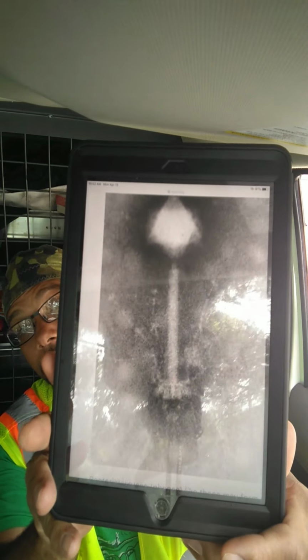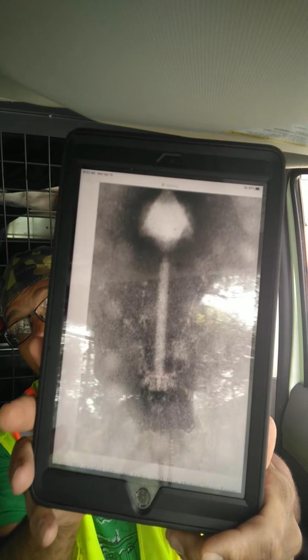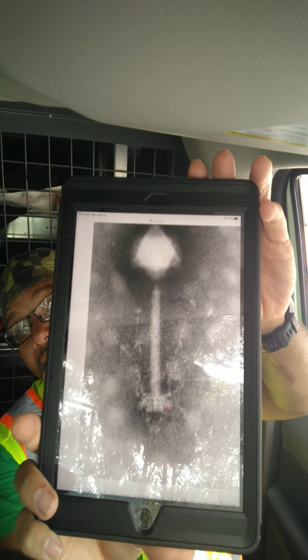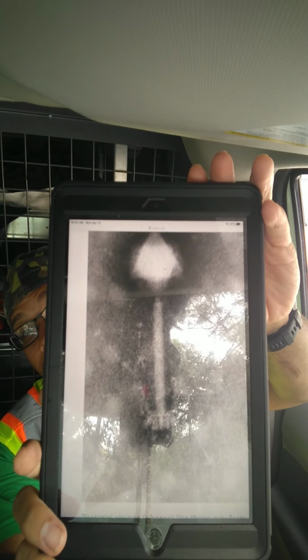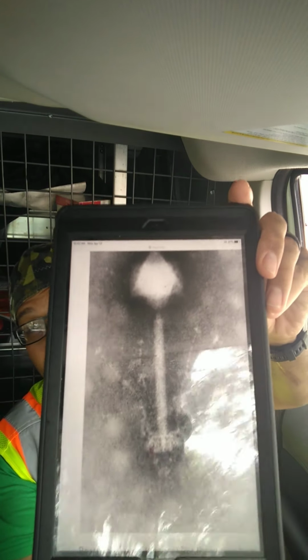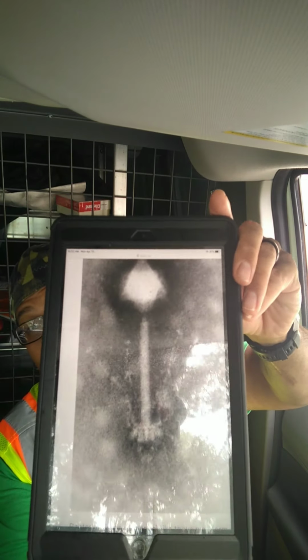So this is an actual image of a virus that attacks bacteria. This is a bacteriophage that keeps bacteria in check. Your body uses these things to keep the balance in your gut on point.